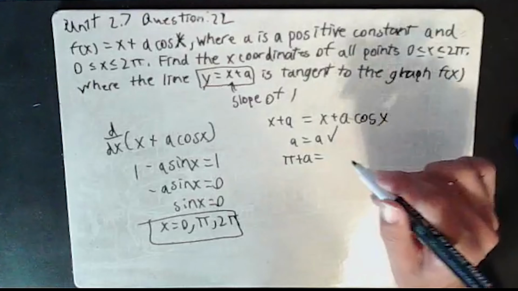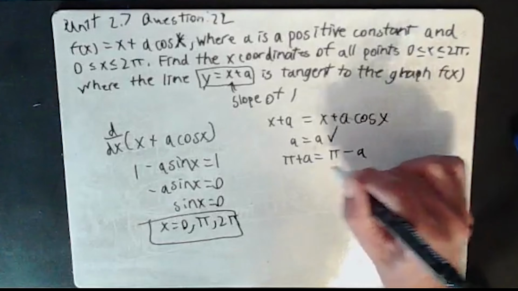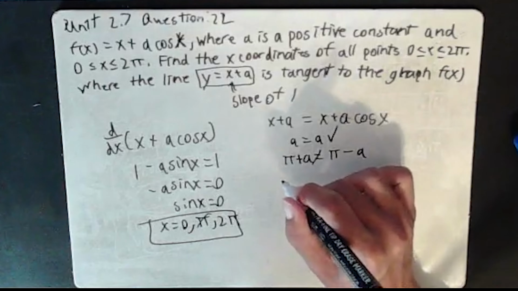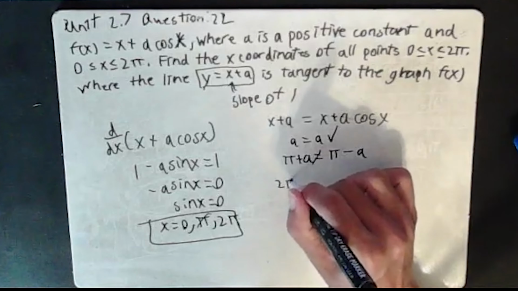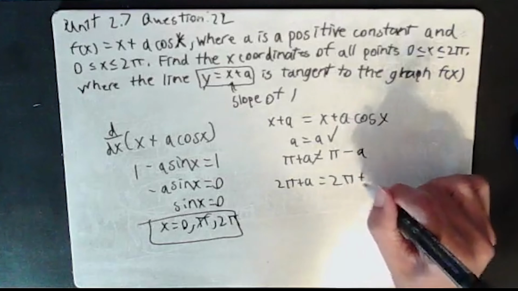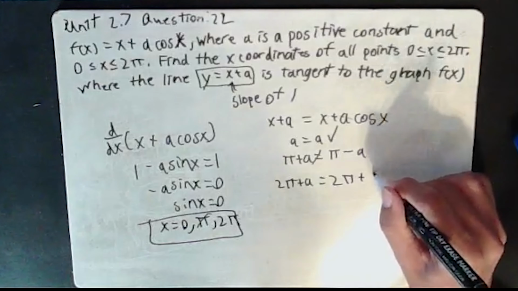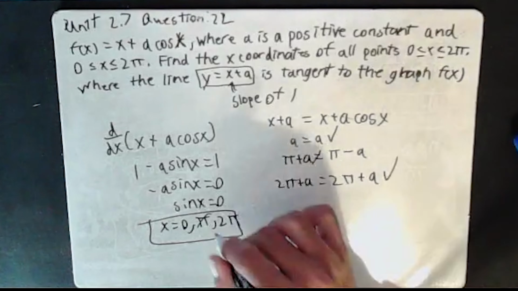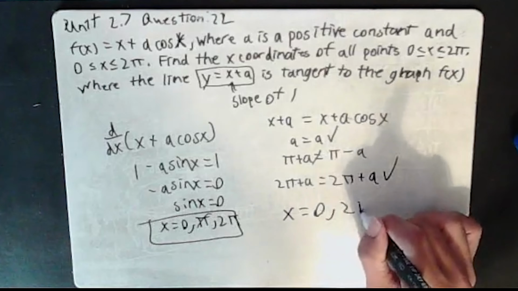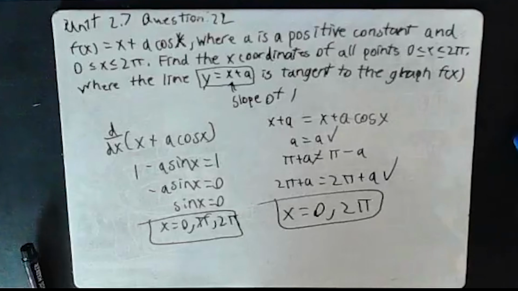Cosine of pi is negative 1, so we'd actually get pi minus a, which is not equal, so pi is not a solution. Finally, let's plug in 2 pi. We get 2 pi plus a equals 2 pi plus a cosine of 2 pi, and cosine of 2 pi is 1, so we get 2 pi plus a, which is equal, so 2 pi is a solution. So our actual solutions are x equals 0 and 2 pi as our final solutions.